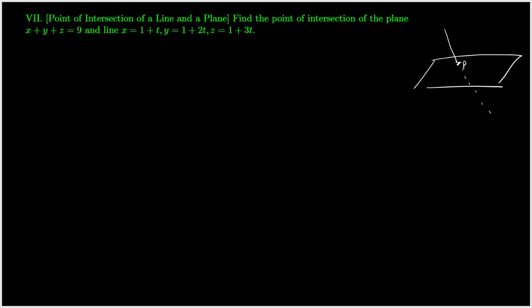So does that make sense? So the question is asking, and by the way, the line is not perpendicular to the plane. It does not have to be perpendicular, right? As long as the line is not parallel to the plane, they have one and only one point of intersection. Now we are looking for the point.